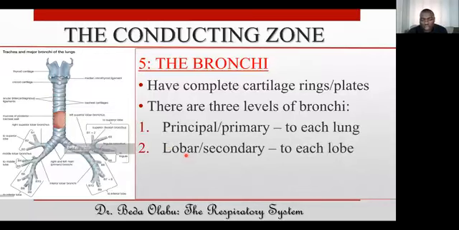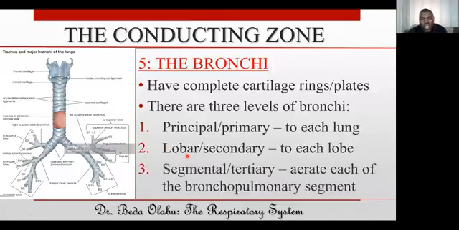The lobar bronchus divides into segmental bronchus. Segmental bronchus are also known as tertiary bronchus. The air within the tertiary bronchus goes to what we call the bronchopulmonary segment of a lung.